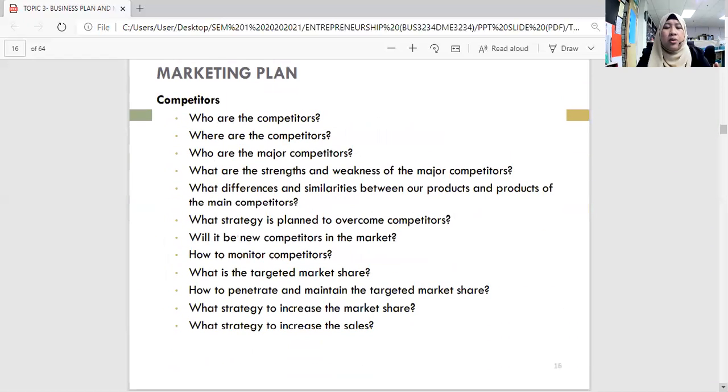And we're talking also about your competitors. Who are the competitors? You have to highlight this. Meaning to say, those living in the same industry are your competitors. To know whether a company is your competitor, make sure that number one, it is in the same industry.